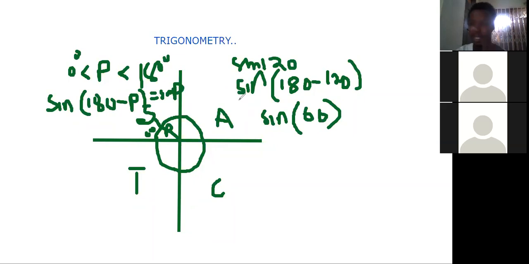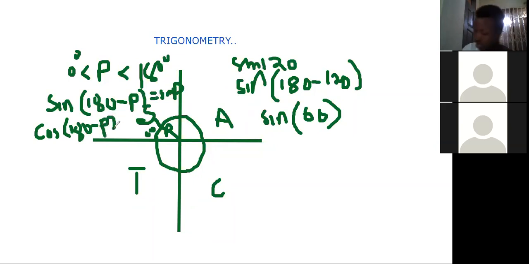So this means that if sine of (180 minus P) is equal to sine P, then cos 120 will also use the same formula, cos of (180 minus P).